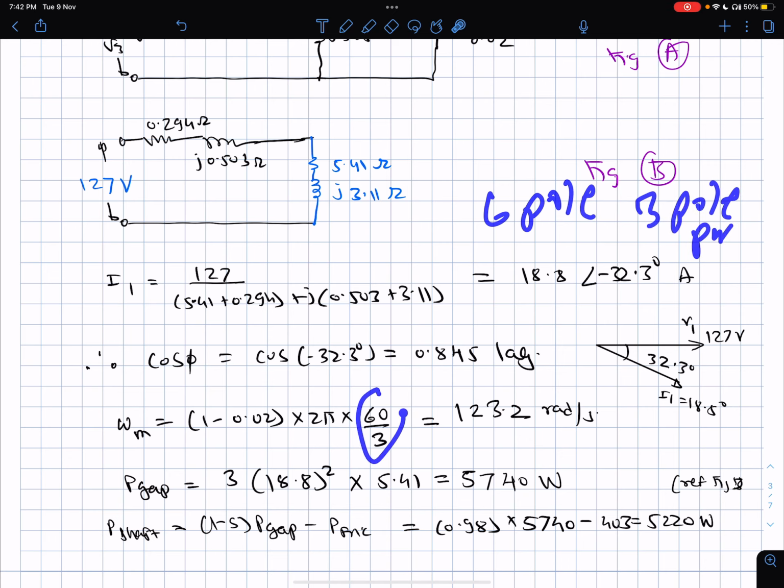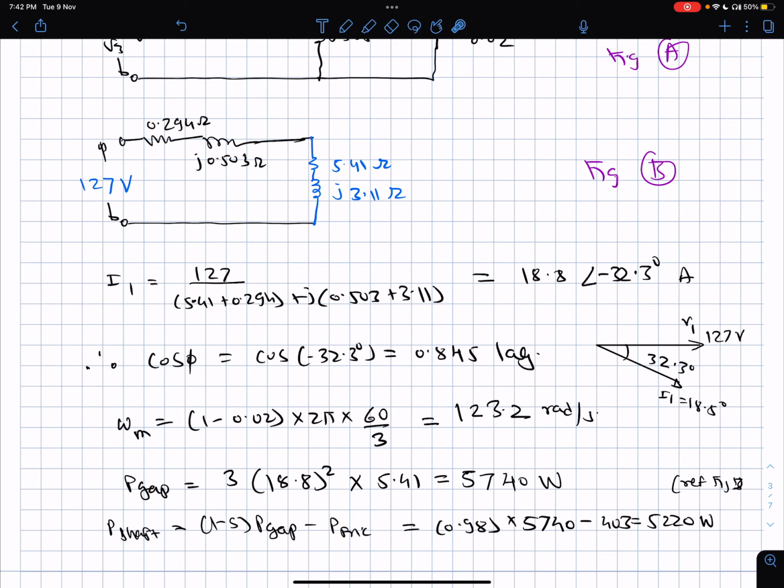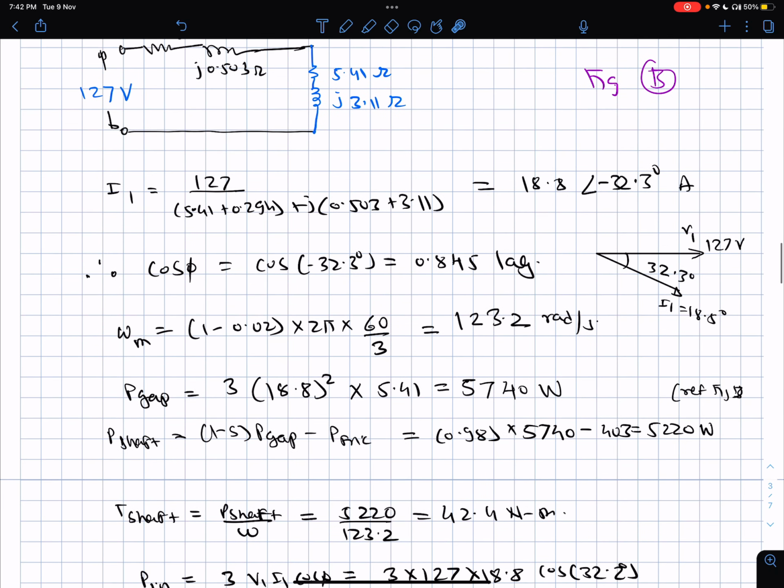That means the synchronous speed in mechanical radians per second will be 60 by 3 revolutions per second. So 2 pi into 60 by 3 into this is the actual speed at which it is rotating, which is 123.2 radians per second. So we also now know the omega m. We need omega m because torque is also asked from us.